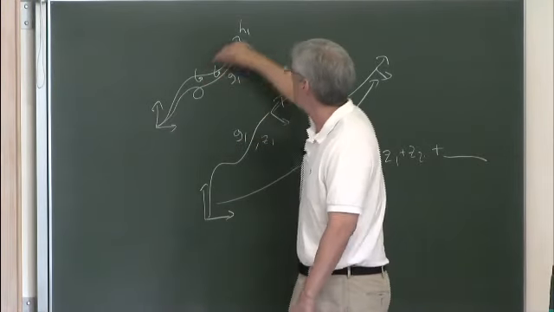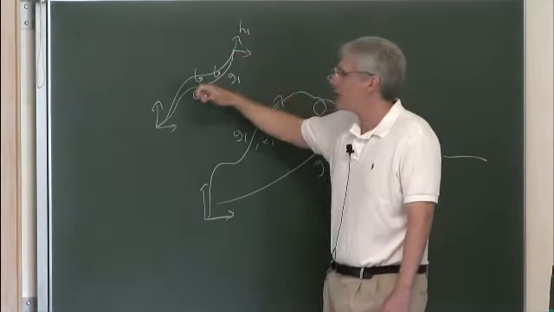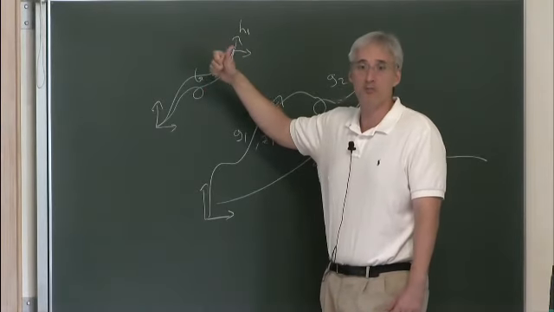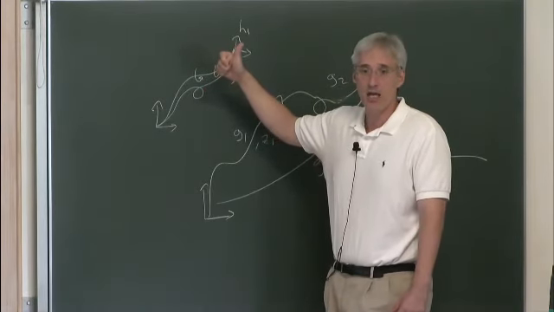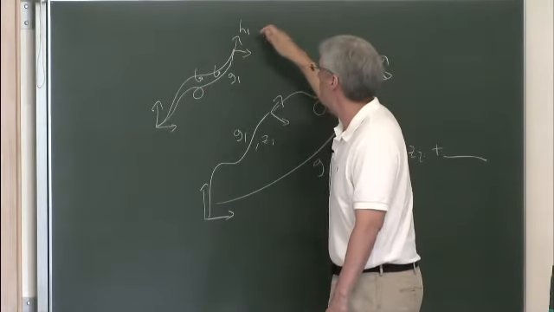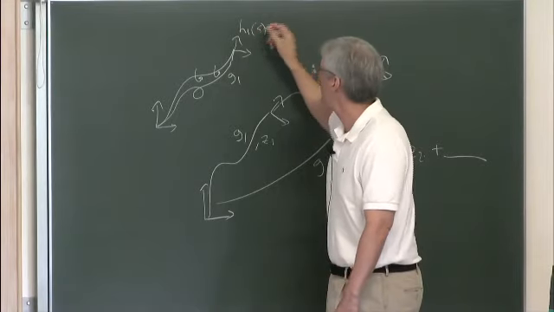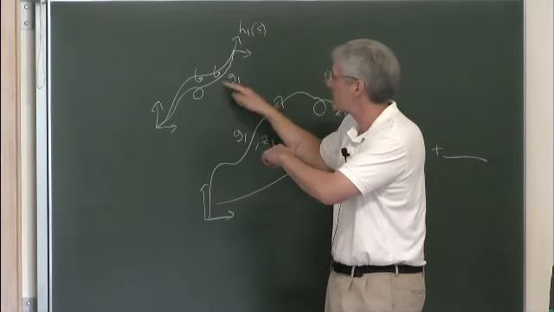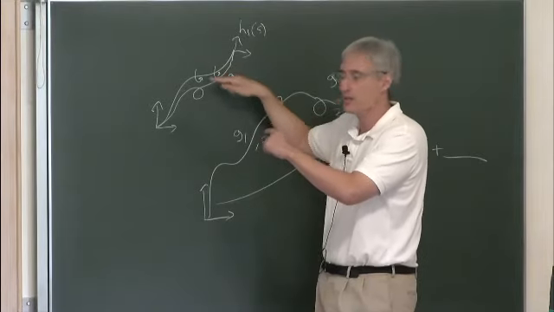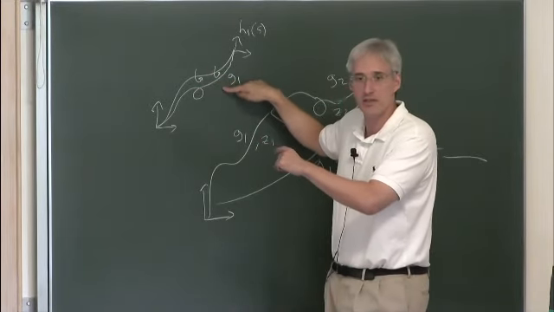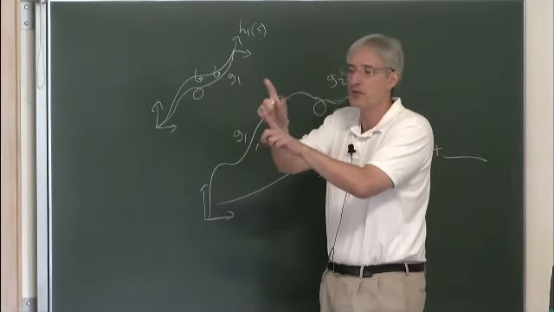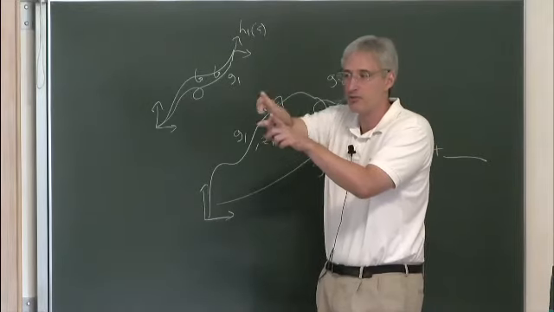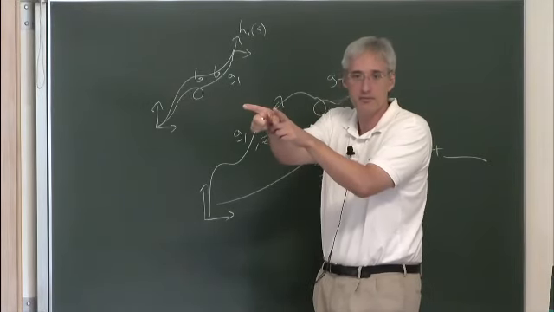H1 is the reference frame that evolves with minimal twist. At the endpoints, it's going to be the same as this one, but in the middle, this one will be twisting less than this one, and the difference between them is actually the residual twist.